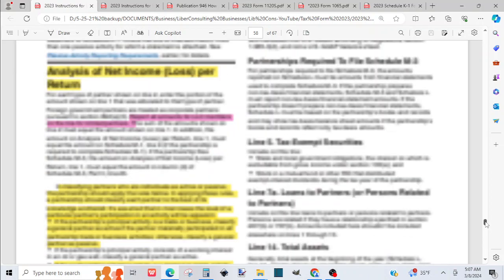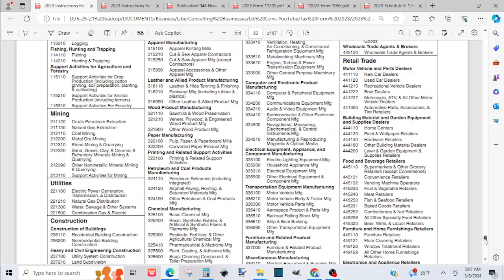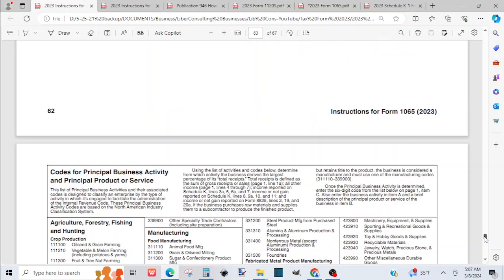However, it might be a good idea to double check that number to make sure it's still valid. So to do that, it'll be good to go to the end of the instructions for Form 1065 to find the code for principal business activity and principal product or service.